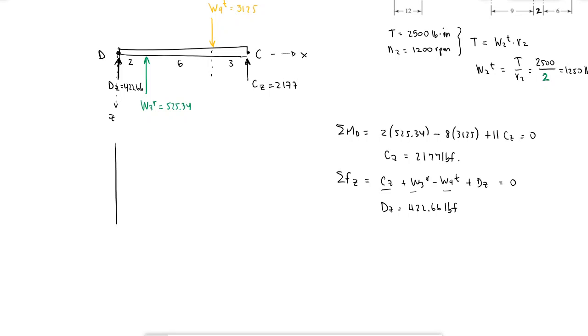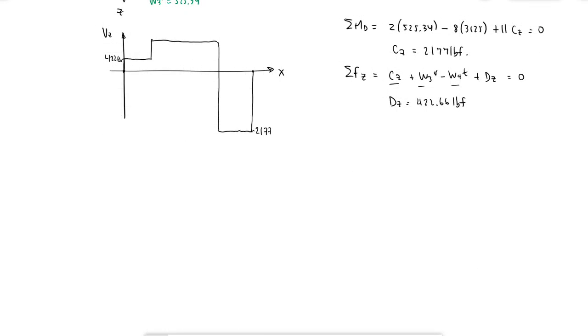Now I move forward with my shear diagram. So shear in Z. I start at 0, go up 422.66, go up another 525. I don't know what that value is and I don't care about it. Then when I reach this, I'm going to go down 3,000 something, so that's quite a jump. And then here, go up 2,000 and something, to 177. Those values I do know, and this would be negative. And then I use that to do my bending moment diagram.